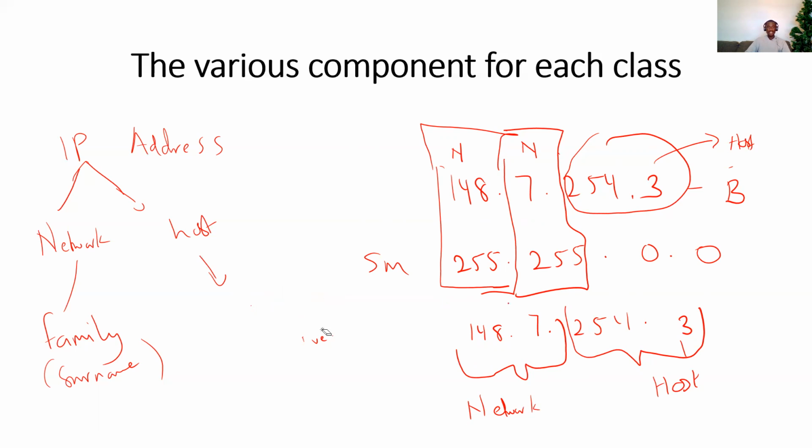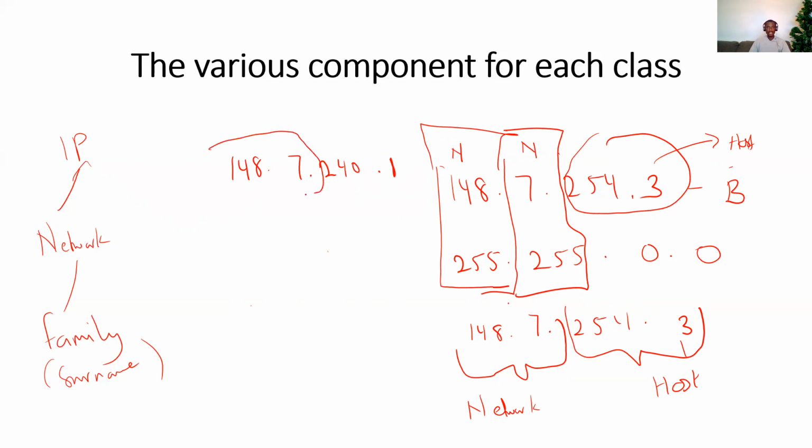So when we talk about the network part, what it means is that if your network can be synonymous to your family or family name, then it means if any IP address bears this particular part, if any IP address we see, say for example, 148.7.240.1, it's also a class B address, so it means the first two parts will be our network part.